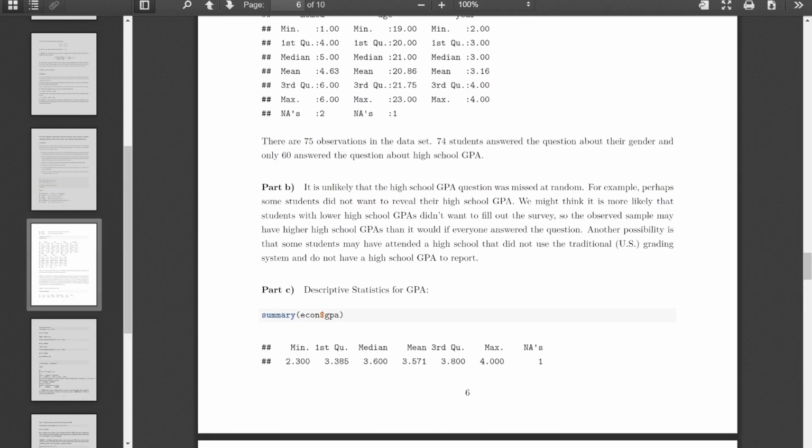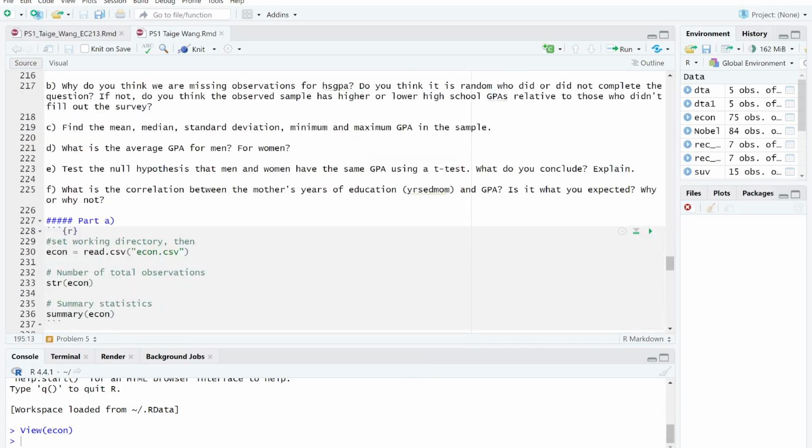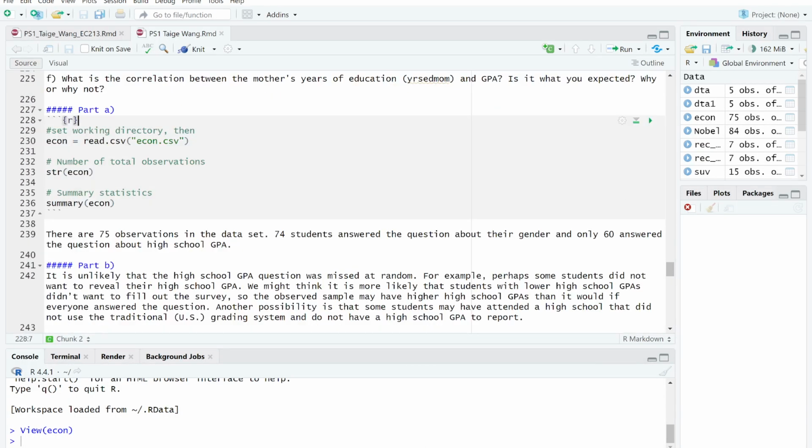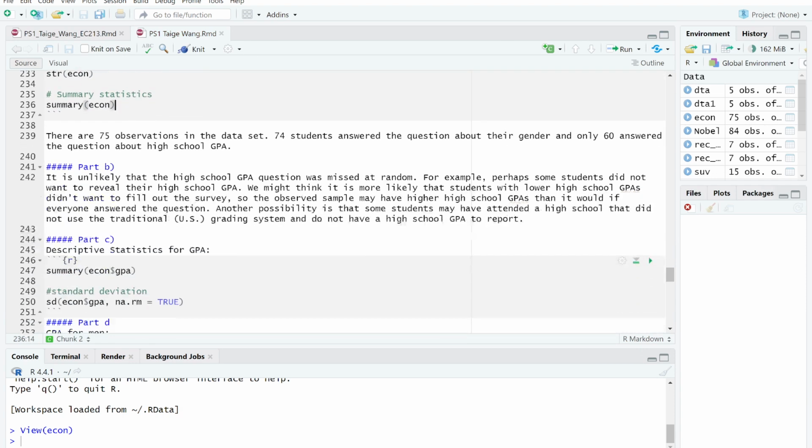So you can also type something here. See here, use R code. This shaded block is your R coding block. Actually, I think you can also use Python here. I don't know. Let me try it.